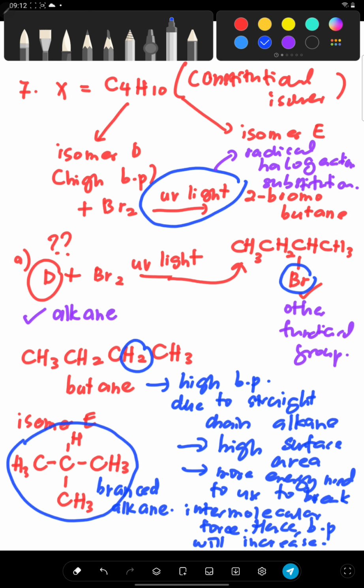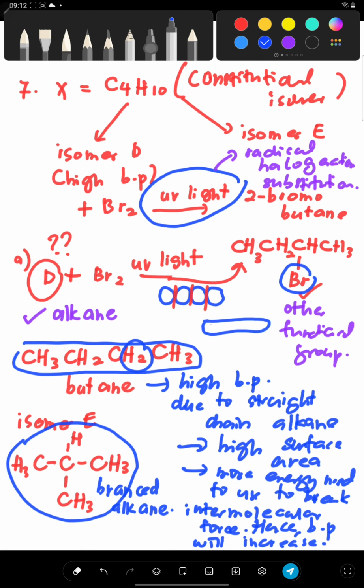When you stack these spheres, bulatan, you see here the surface area that touch each other is quite less compared to if you stack the straight chain alkane. If you stack like this, stack tu susun lah, it means that the surface area that connects between both is much more.